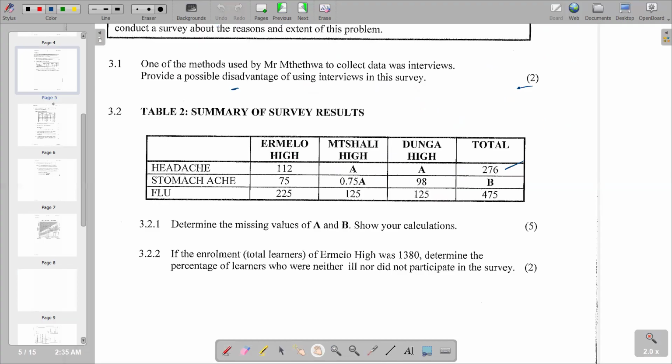According to our question, it says determine the missing values A and B. So B is simple. Remember, this is our total column. So we're saying 276 plus B is equal to 475.